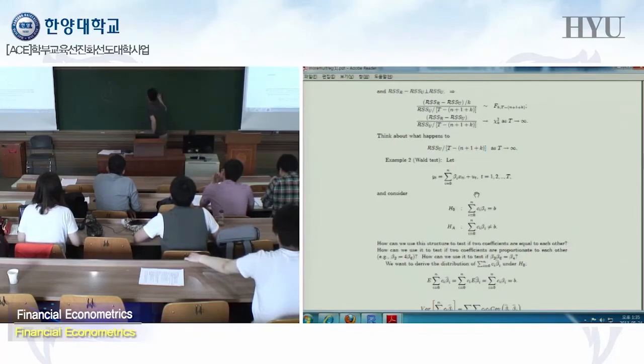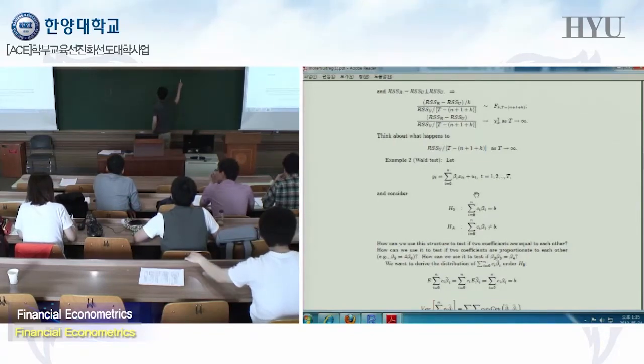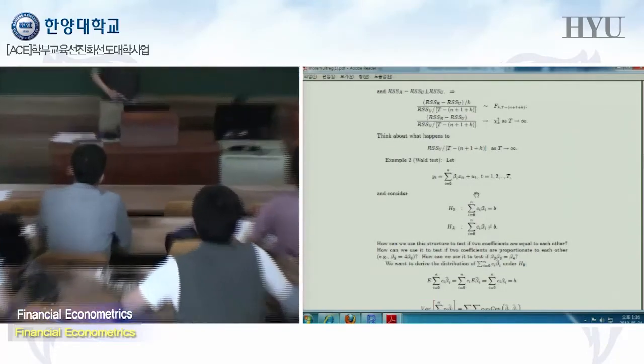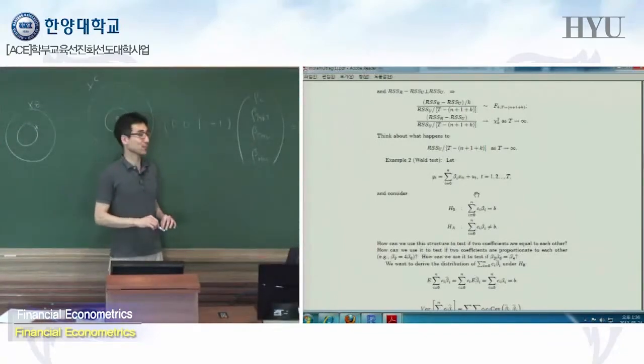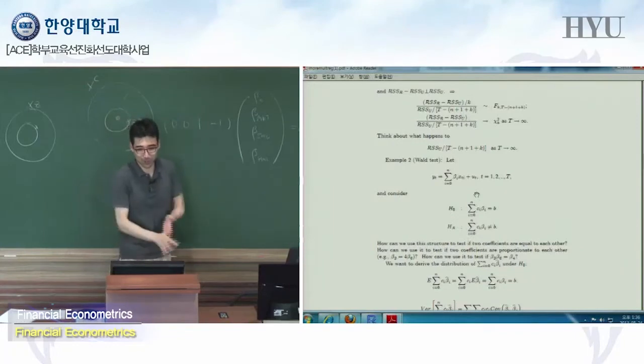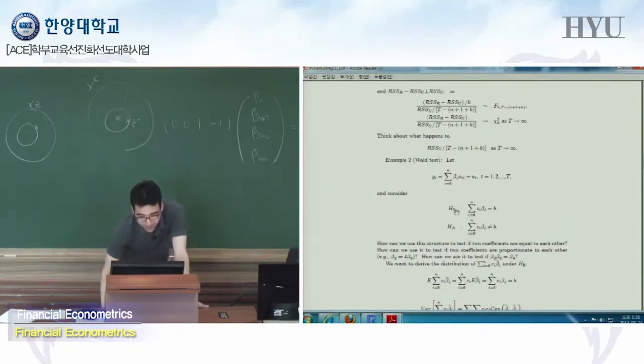So in your homework, it is 0, 0, 1, minus 1, and then beta is the constant term beta 0, and beta for the market factor, and beta for size, and beta for HML value, and this should be 0, right? This is your null hypothesis. Then this and this are the same. So H null should look like this in your homework.